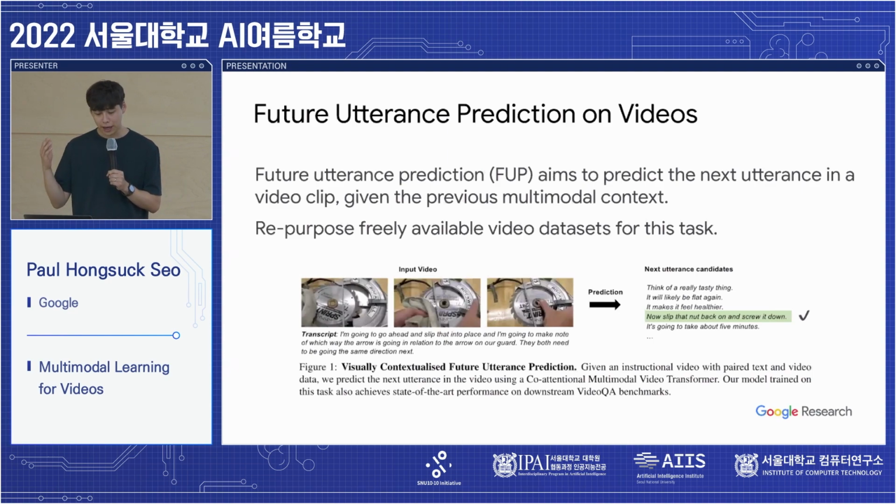Also, we are not manually collecting the dataset, but repurposing an existing dataset without manual annotations, so we can collect it at a larger scale. This was possible because of mature ASR systems. We formulated it as a multiple choice selection task: we have 100 candidates, and the task is to choose the correct next utterance.